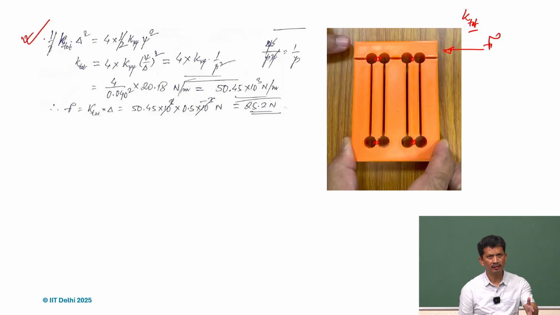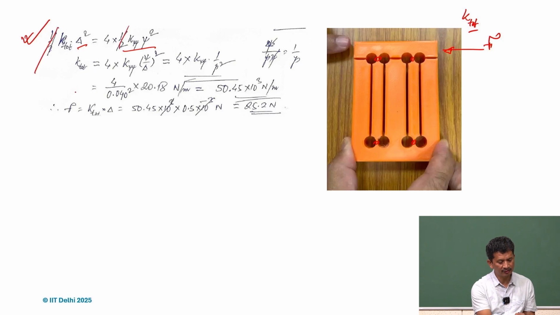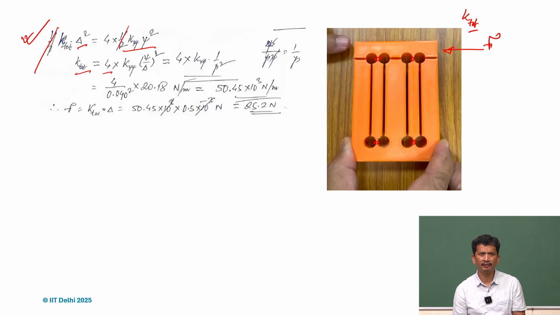So half K total, that effective stiffness, times delta square, is stored as potential energy in the individual springs. So there are four times half K psi psi square. So the half gets cancelled, and K total will be, because all four are acting in parallel, summed up.